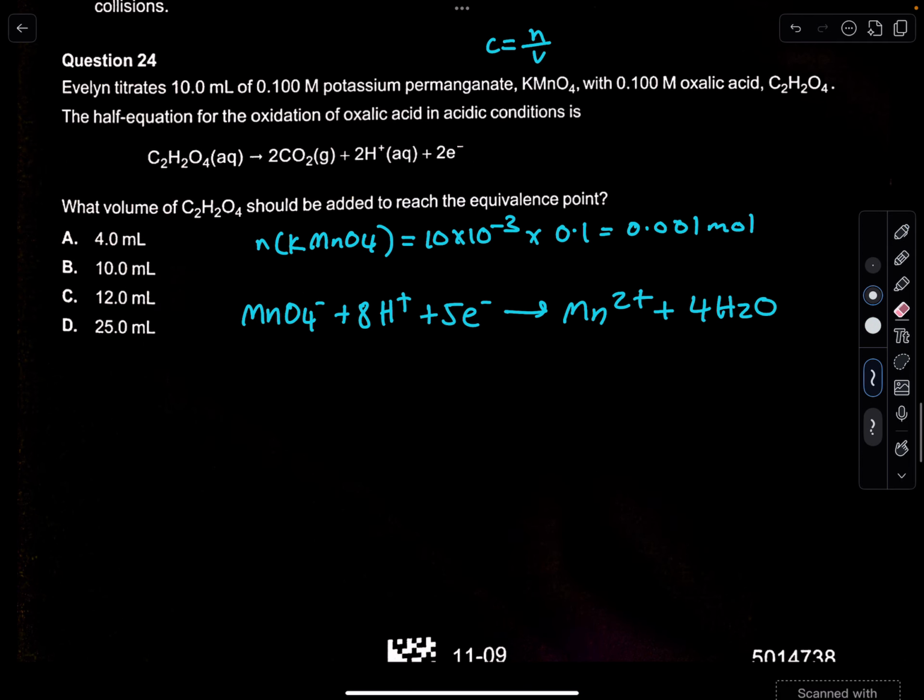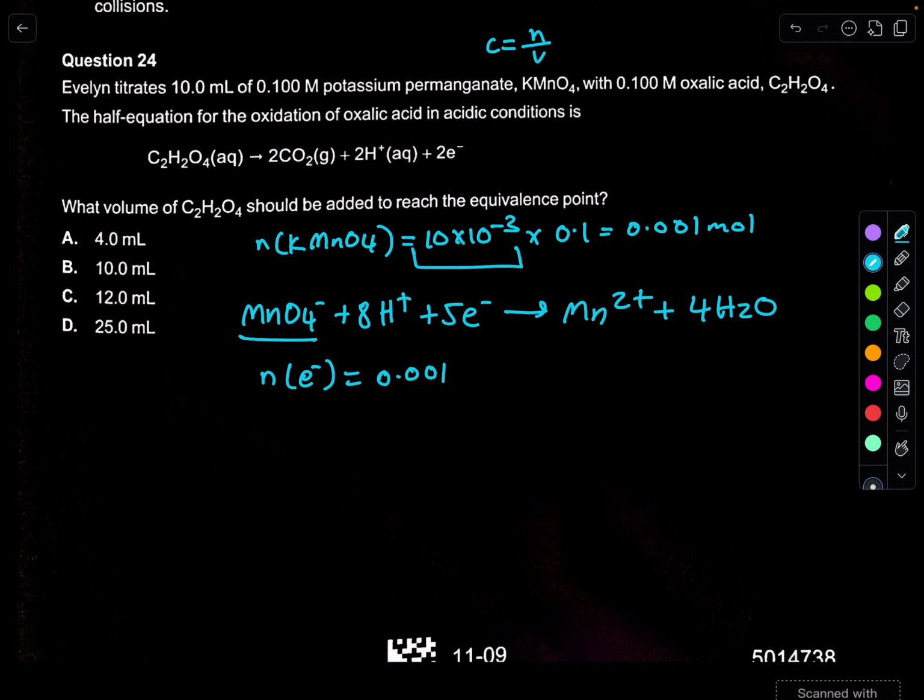So what we can do, by the way, is note that this mole is the same as this mole because it's the permanganate ions. So can we find the mole of the electrons for this equation? And we can relate that mole of electrons to this. So the mole of electrons for this one is 0.001, the mole of this. What's the ratio? It's a 5-to-1 ratio, so you just multiply by 5. And we actually get the mole of electrons.